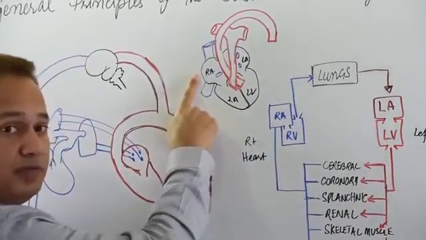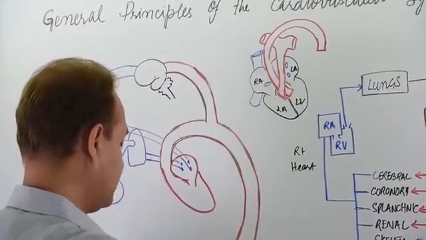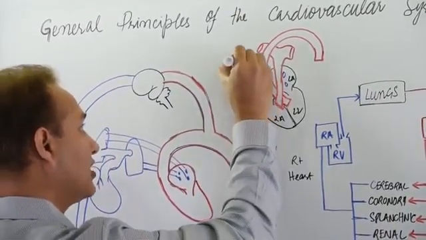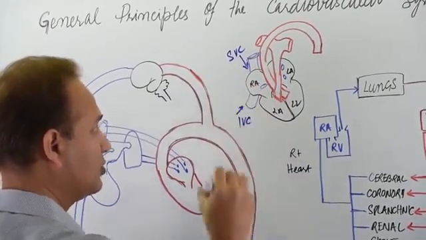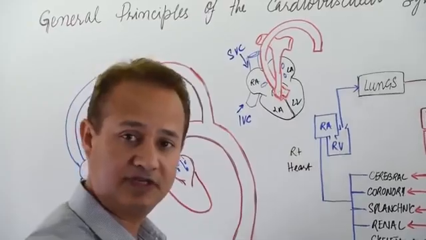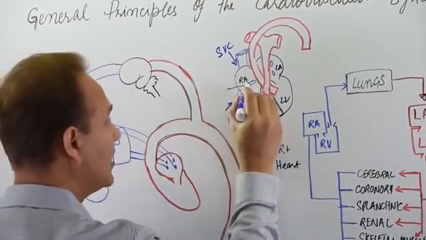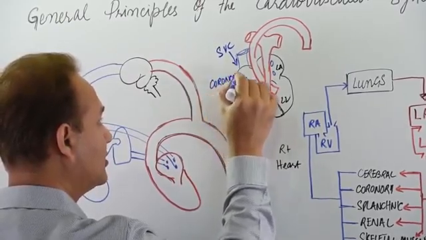The right atrium has 3 inputs. Superior vena cava brings the blood from the head and neck area. Inferior vena cava, IVC, brings blood from the rest of the body except the heart, and the coronary sinus, that brings blood back from the heart.